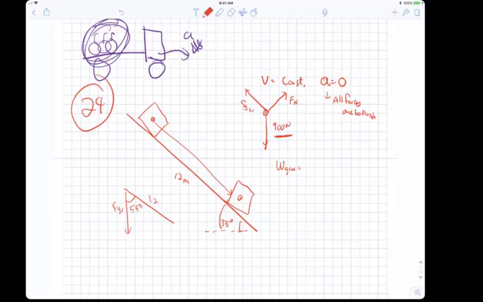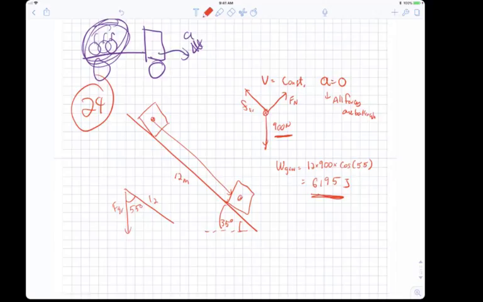So the work done by gravity is going to be 12 times 900 times cosine 55. In the end, we're going to get a positive number, because left to its own devices, gravity would speed up this box by this much.